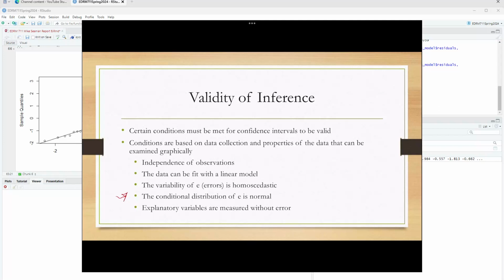So what does this tell me? That I should never do multiple regression? Well, it's kind of telling me that if I want my multiple regression to be perfect, I'm going to have perfectly reliable measures, and I probably don't. So right off the bat, before we ever start doing our multiple regression, if we have measures that are not perfectly reliable, we've not met the conditions for valid inference.